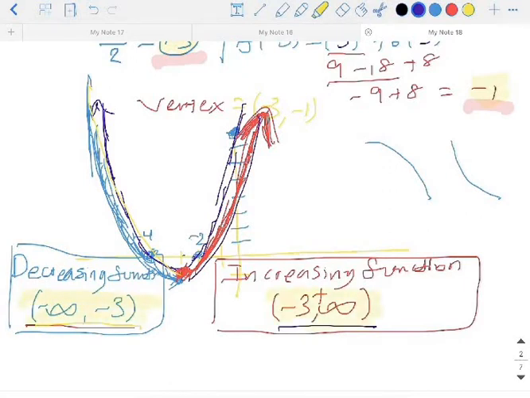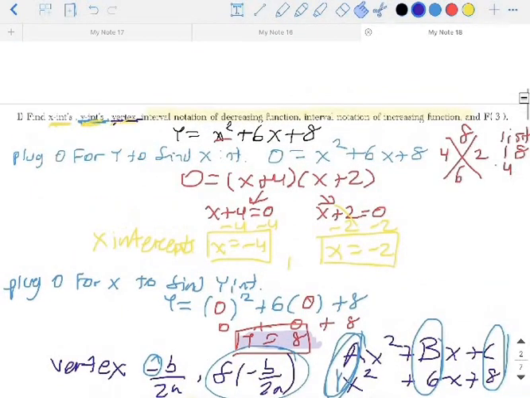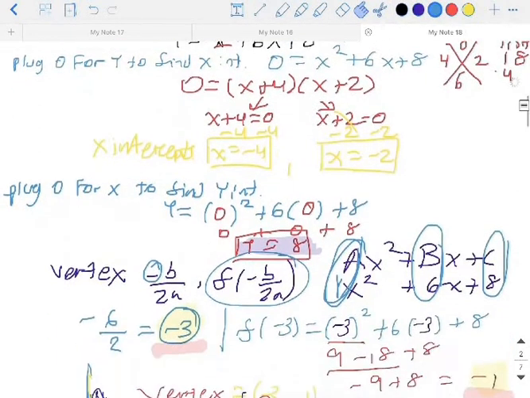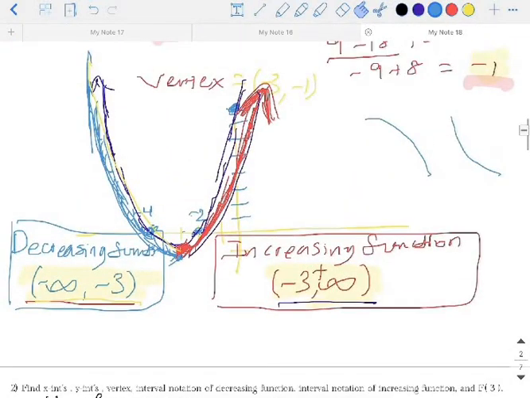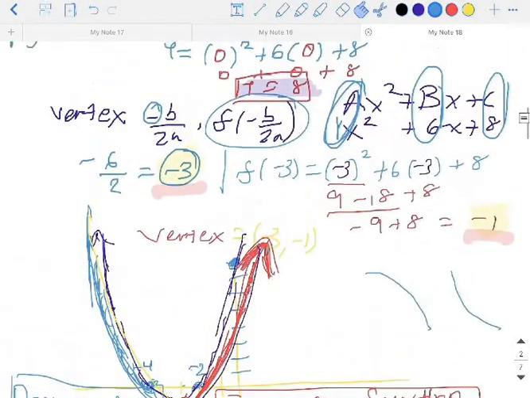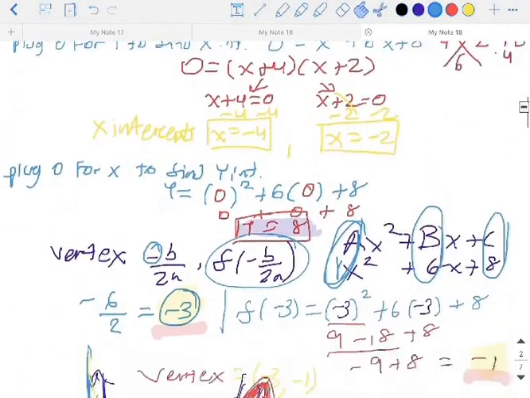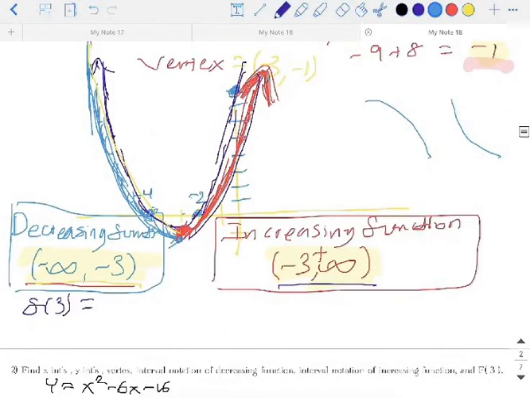And now the last part of the question states to find the function of 3. The function of 3, f of 3, is equal to, and then all you need to do is plug in 3 for x. So the original function was x squared plus 6x plus 8, and then substitute 3.